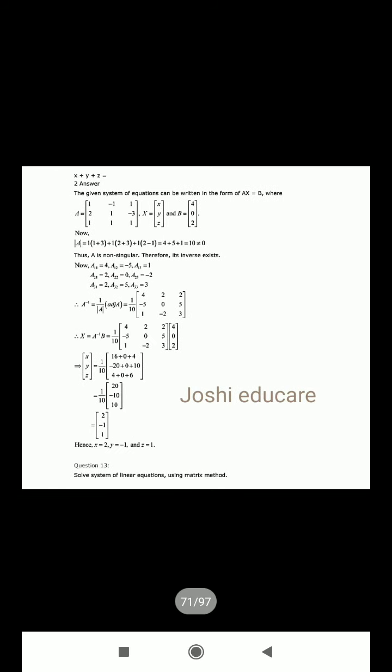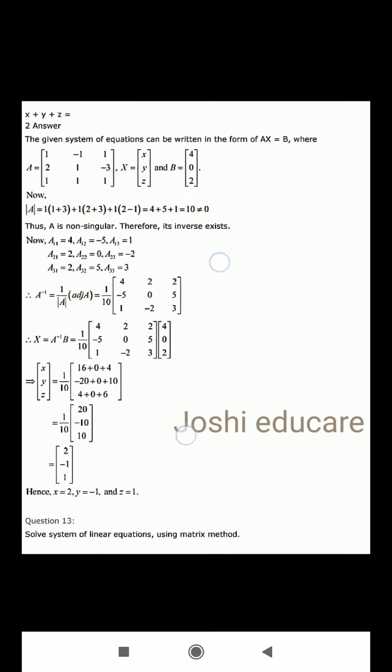Next question is just similar. Nothing special is there. So the solution is given in this case. You will follow the same steps. First you will write A, X and B, all 3 matrices. Then you will find determinant of A, that you know. In the next step, it is not equal to 0, means you can solve the system of equations.